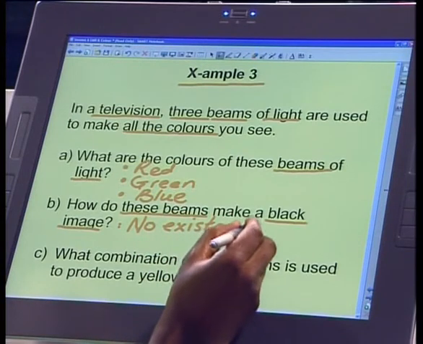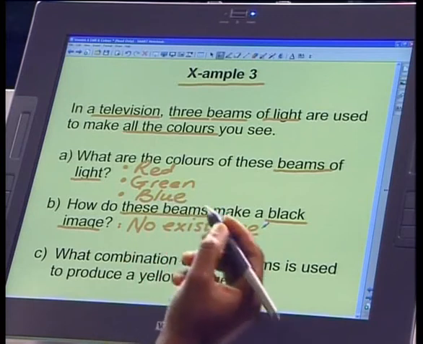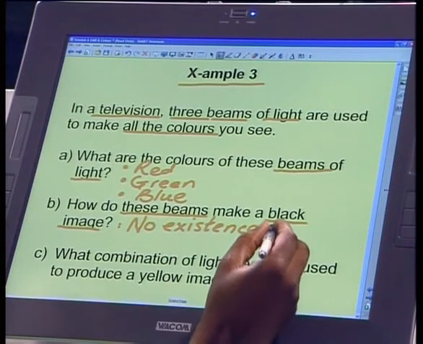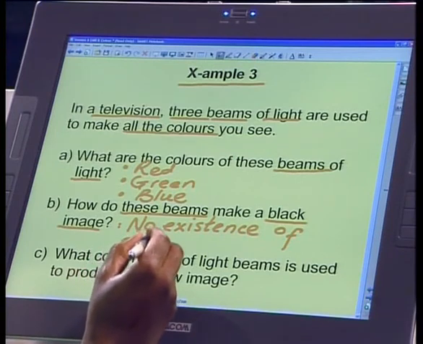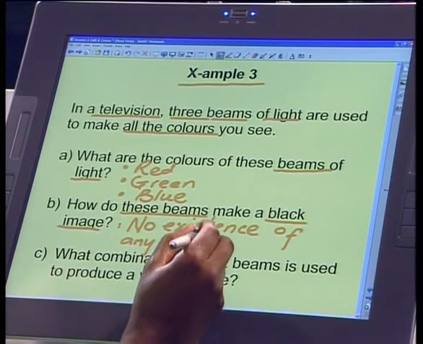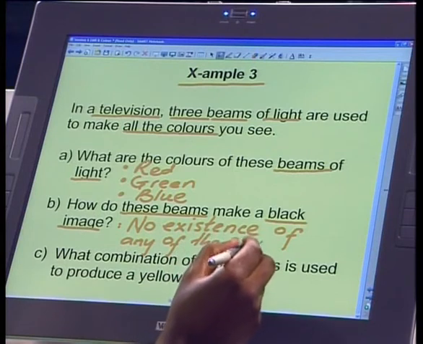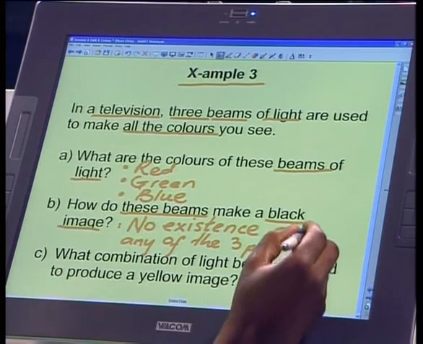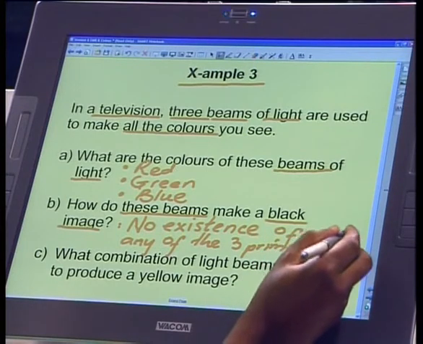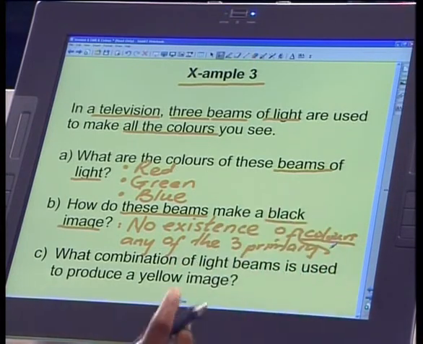In other words, if you take away the 3 primary colors, what you will see is black. Primary colors, they are not existing. So if they are not existing, then you have black. There is nothing. In other words, black is absence of color.